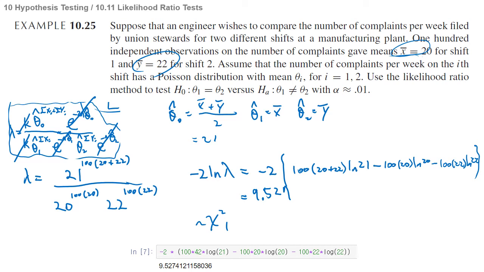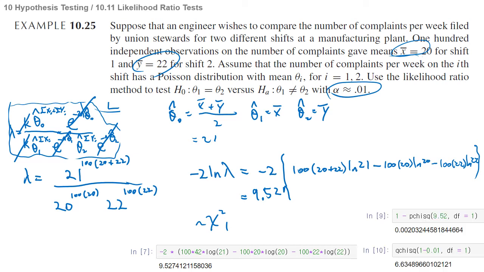So you can calculate the threshold at level 0.01 using R. This is how you can calculate the threshold value, 6.63, and 9.527 is greater than 6.634.